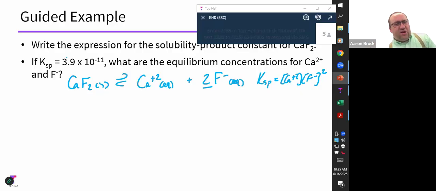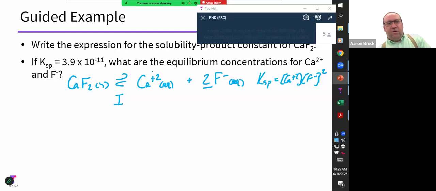Now, to answer this question about KSP, to find the equilibrium concentrations, we need to put out an ICE table. So initially, we would have no calcium ion and no fluoride ion. We would see some calcium ion form and 2 times that amount of fluoride.